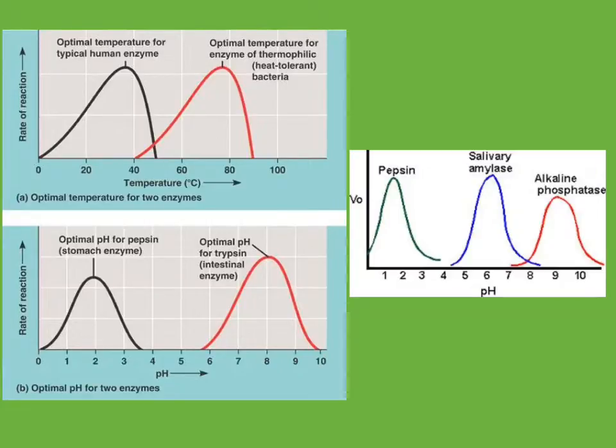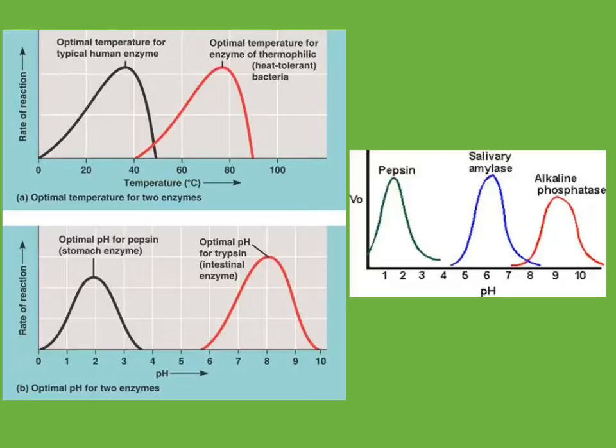The next diagram is just a summary of the different enzymes and the regions at which they act best on the pH scale. Looking at the enzyme pepsin, it acts best in extremely acidic pH between 1 and 3. Pepsin is at its peak.